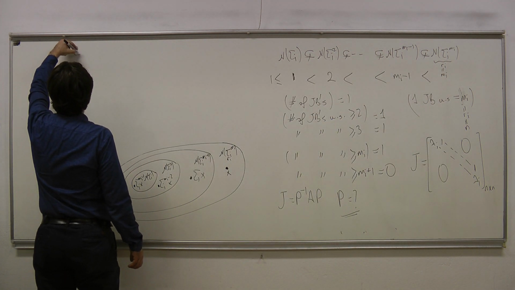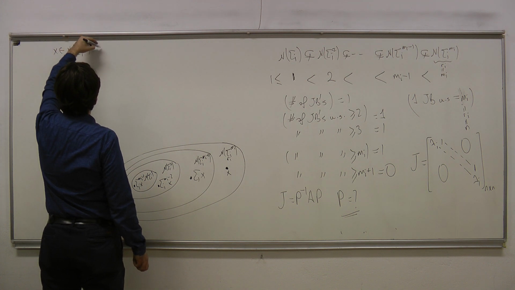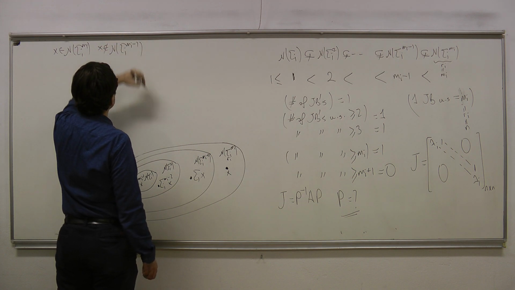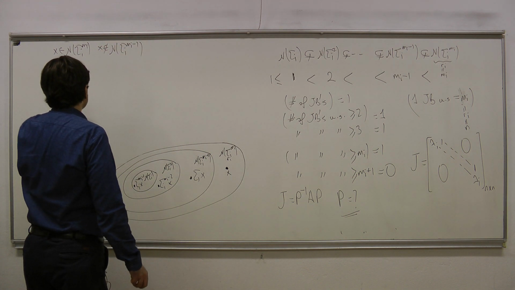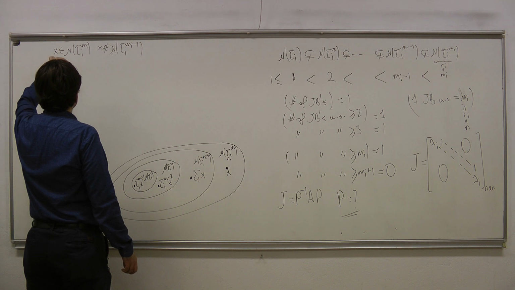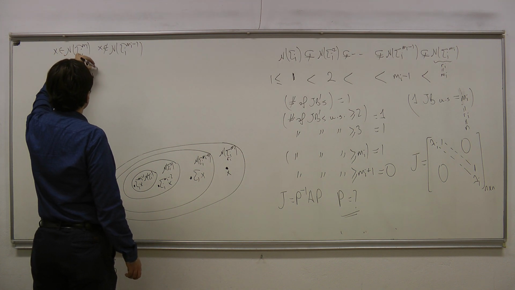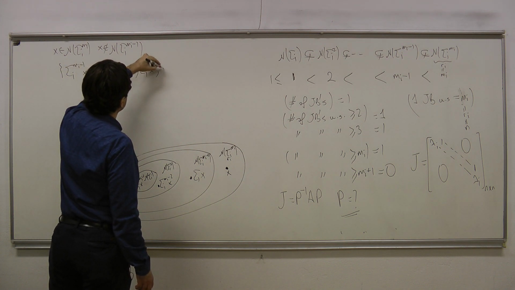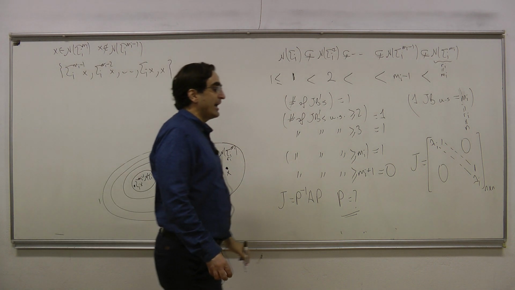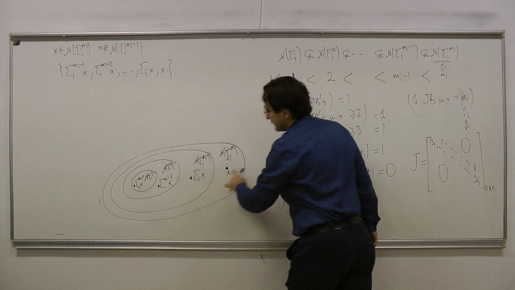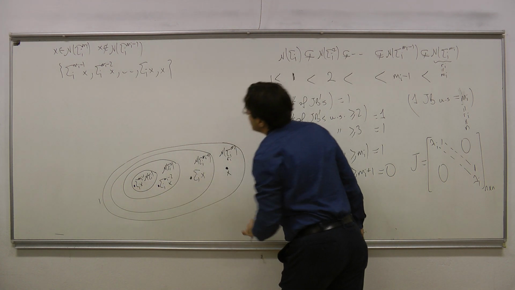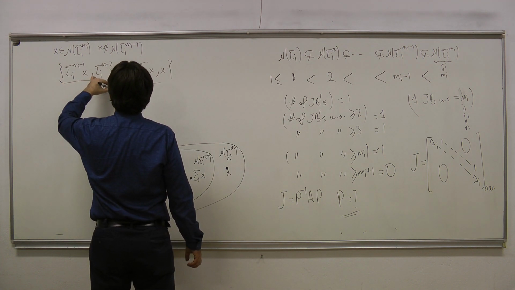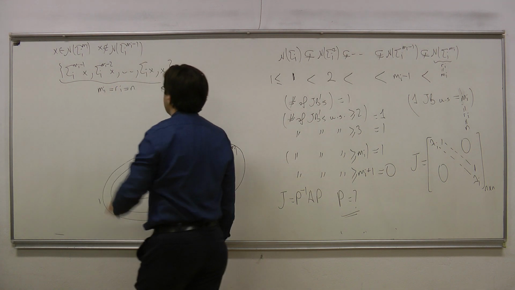X is in the null space of sigma I to the power mi, and x is not in the null space of sigma I to the mi minus 1. If I choose such an x, then I would have sigma I mi minus 1 x, sigma I mi minus 2 x, going until sigma I x and x. A single chain of vectors given here. And there will be mi vectors here, or ri vectors, or n vectors.